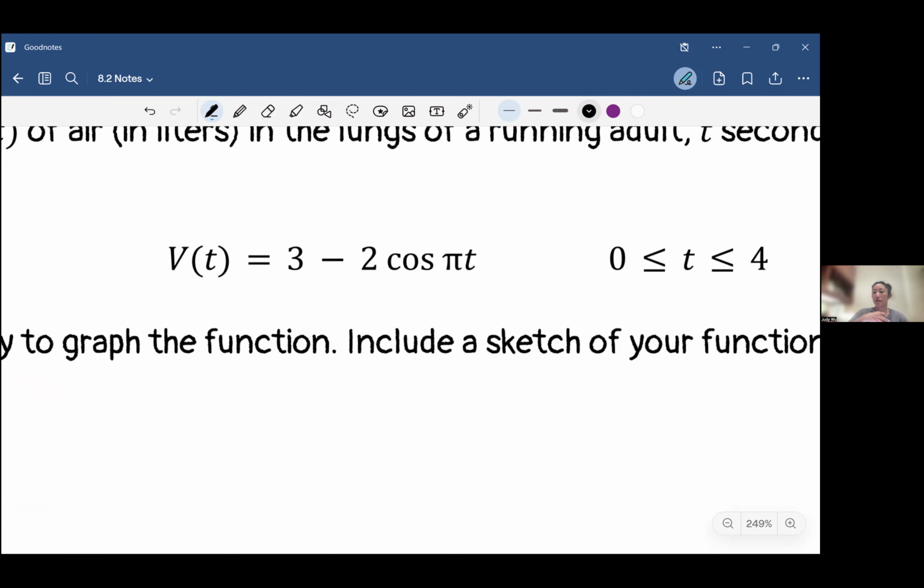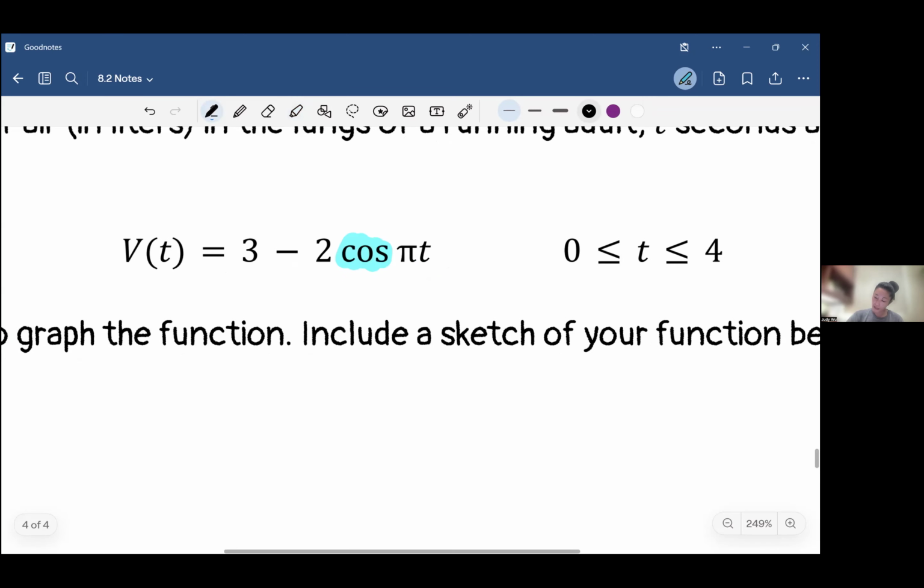Okay, so we've seen functions before, but what might be different for us here is that we actually have cosine in our function. Okay, it doesn't mean anything different for us. It just means now when we are graphing this, it's just going to look a little wiggly instead of just being like a straight line or other things that we're used to. Okay. All right.